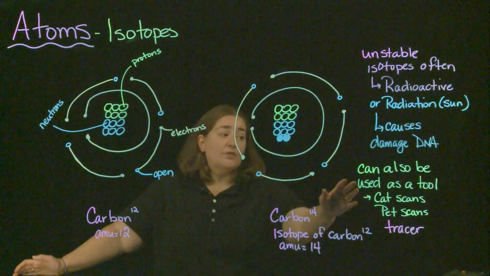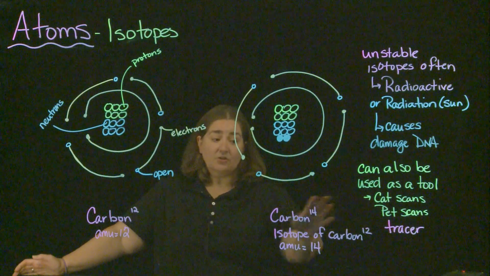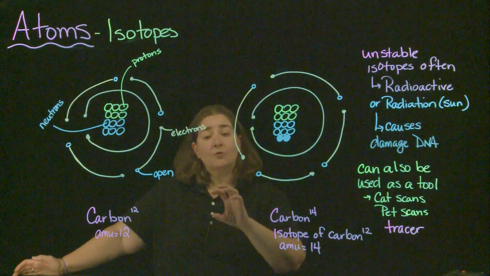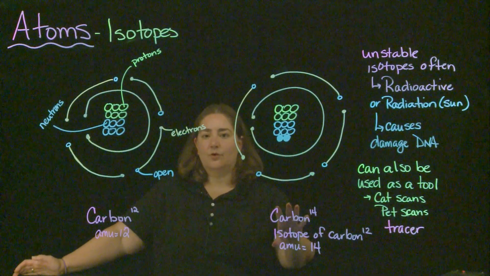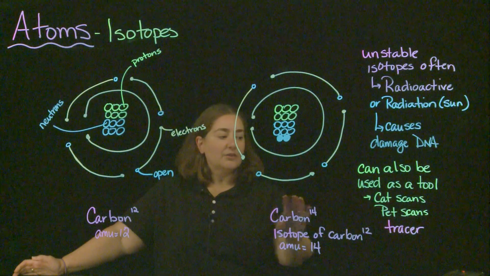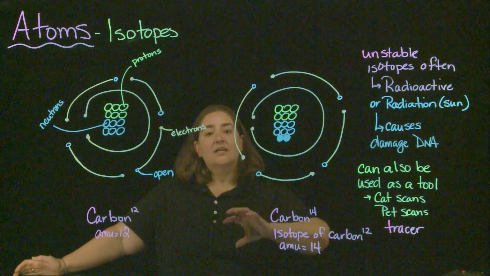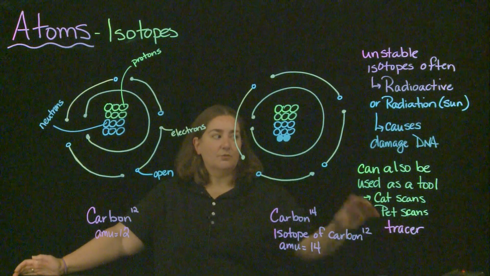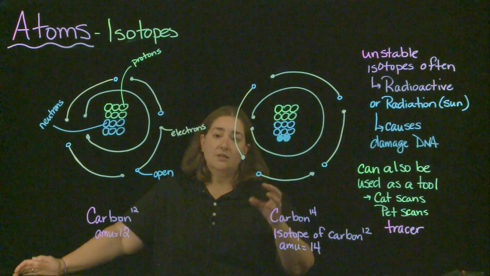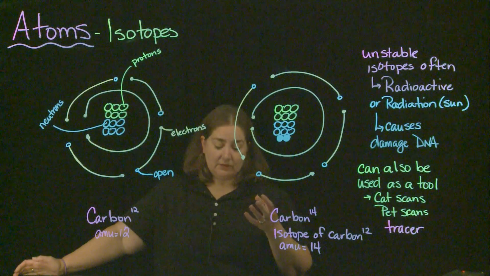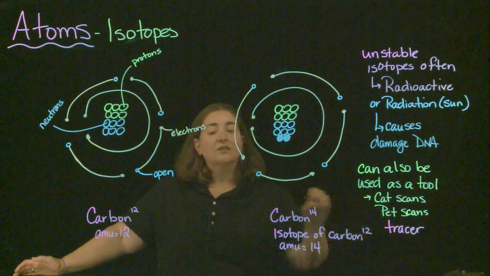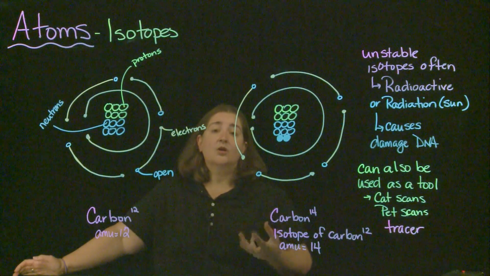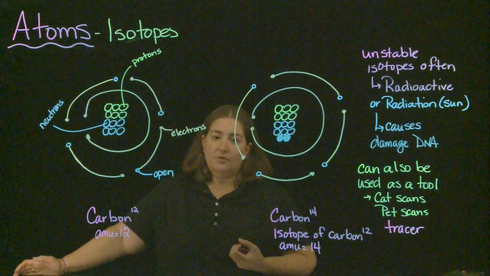With these imagings, you can use natural isotopes in them. You can also use normal molecules that are tagged with one of these isotopes. But the isotope, essentially, is a tracer. It's allowing the healthcare professional to use the technology to visualize something that's not going right within the body. In the case of tumors, radioactive glucose, that tumor is going to suck up that glucose preferentially to other cells within the body.